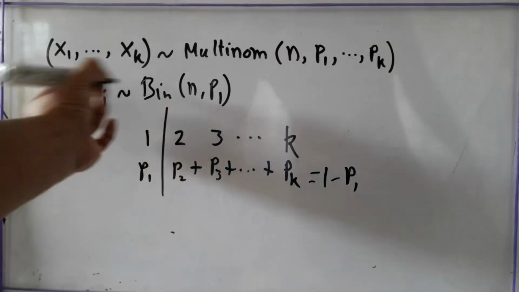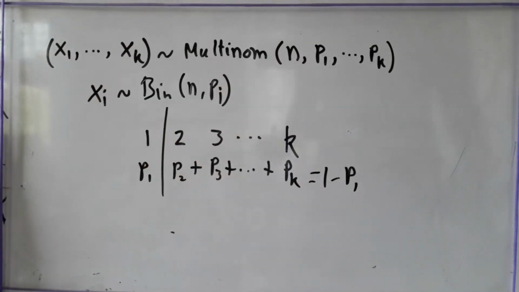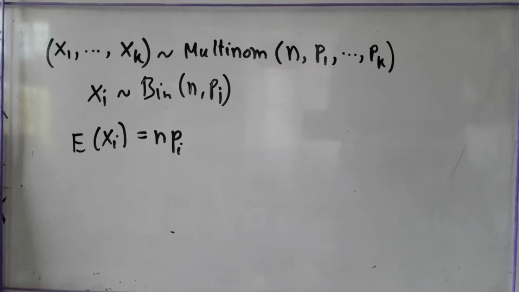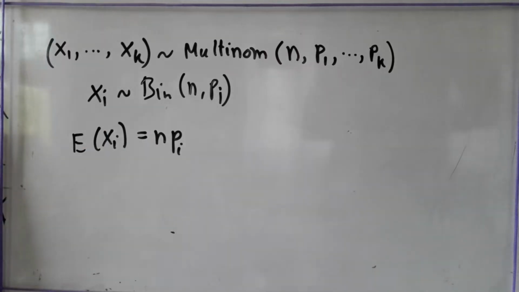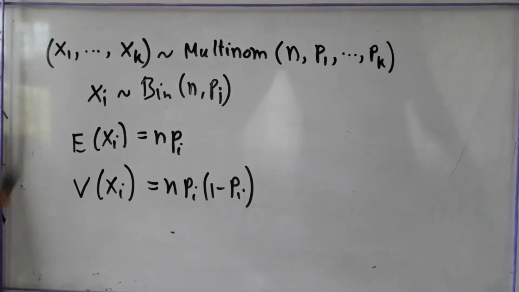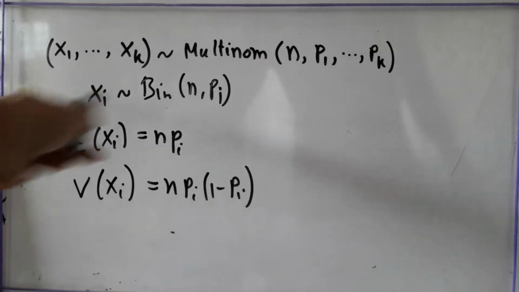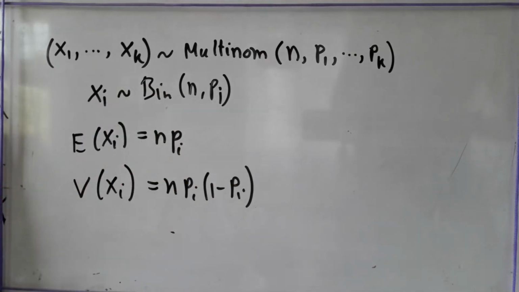So xi marginally has binomial in pi distribution. And immediately I can conclude that expected value of xi is n pi and variance of xi is n times pi times 1 minus pi. These are coming directly from properties of binomial distribution.